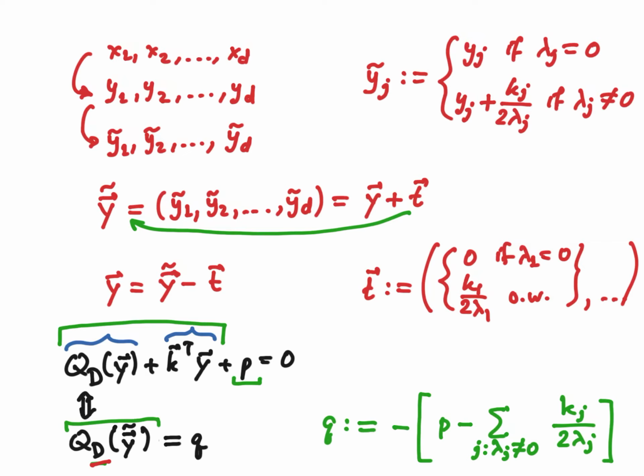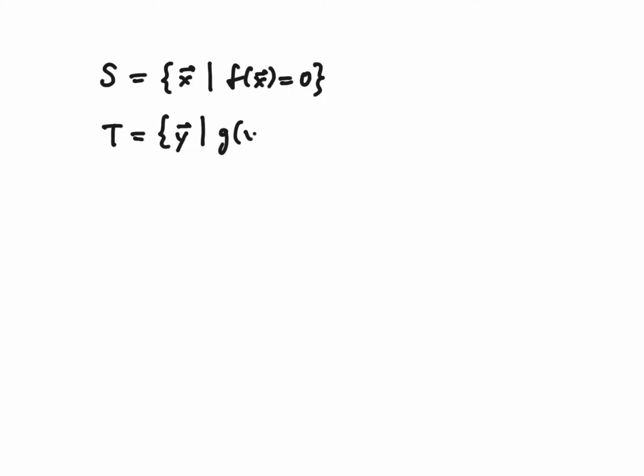Good. So now that I've got the equation in this form, and I know the relationship between y and y tilde, we can consider a new set. Remember, we have our set T. Well, originally we had the set S, and then we had this new set T, where g of y is that function.